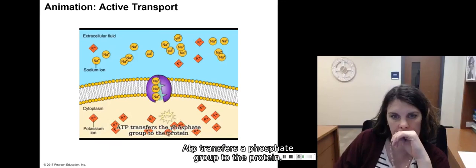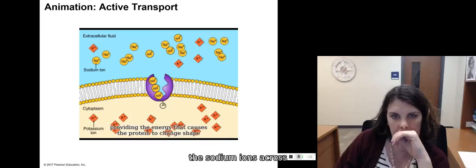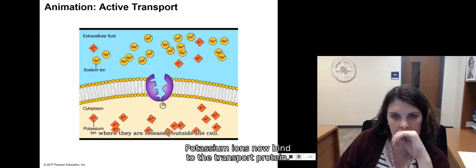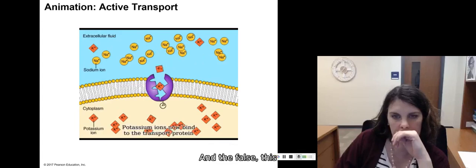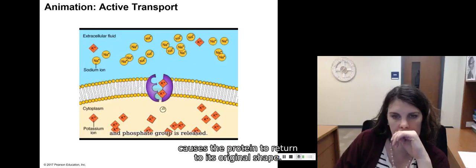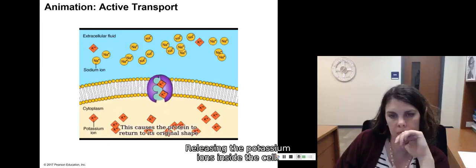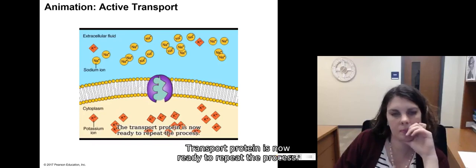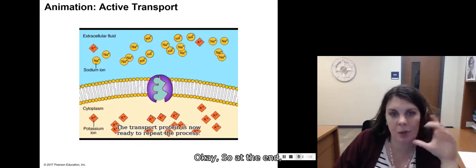ATP transfers a phosphate group to the protein, providing the energy that causes the protein to change shape and push the sodium ions across the membrane, where they are released outside the cell. Potassium ions now bind to the transport protein, and the phosphate group is released. This causes the protein to return to its original shape, releasing the potassium ions inside the cell. The transport protein is now ready to repeat the process.